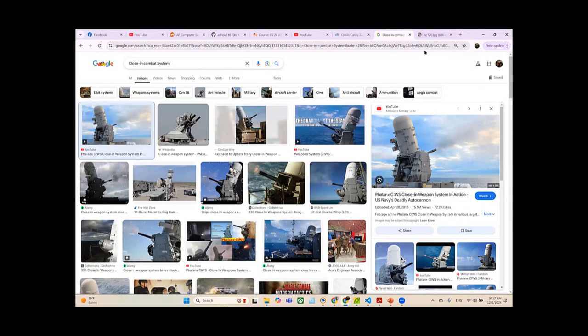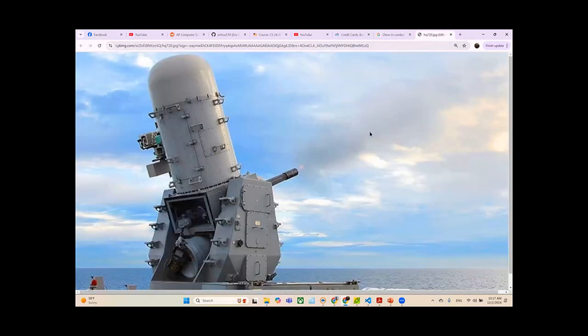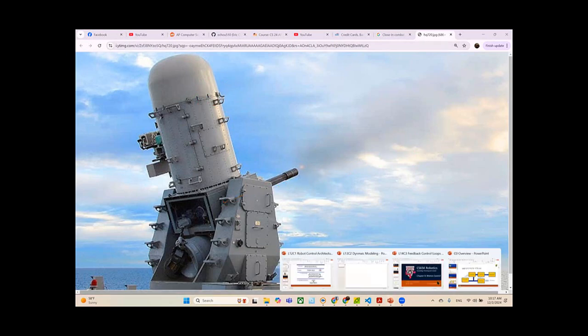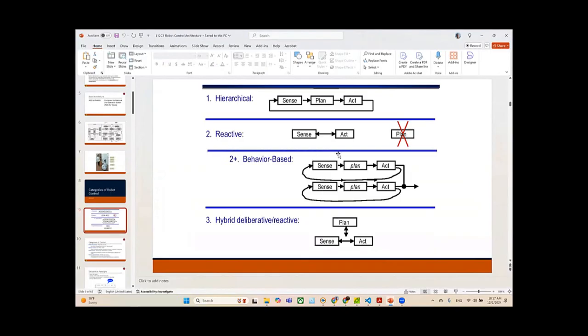So you don't have time to really do deep calculation. You have your radar on top, you have to fire right away. This kind of system is automatic, but actually it's called reactive. So these kinds of systems are based on some sort of feedback loop.